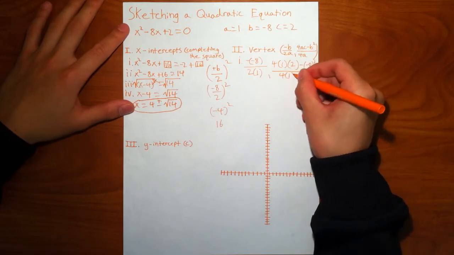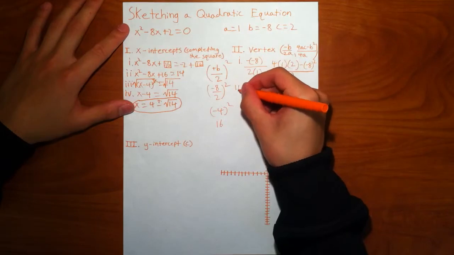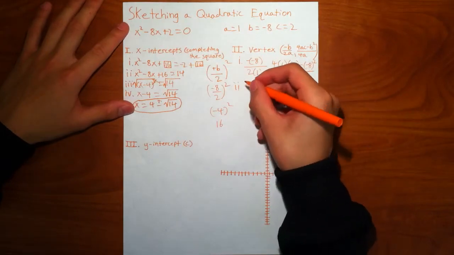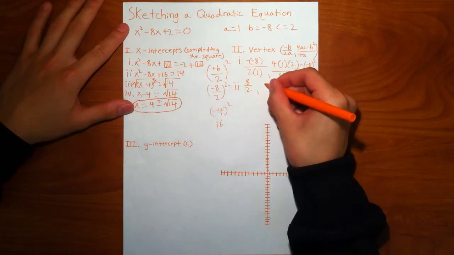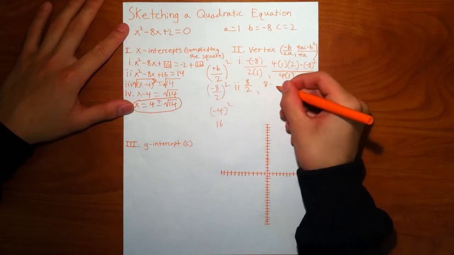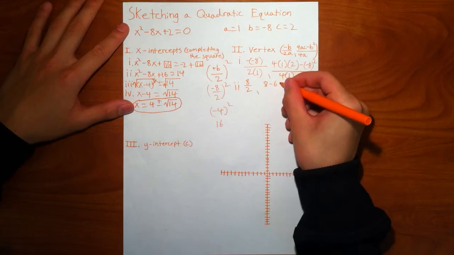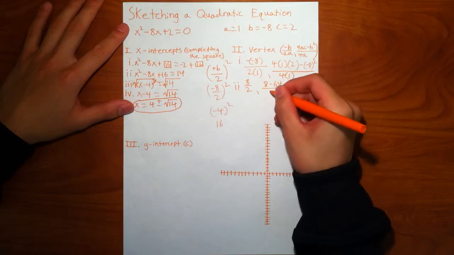In step 2, just going to simplify that. It's going to become 8 over 2, comma, 8 minus 64 over 4.